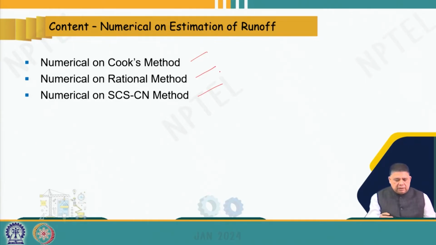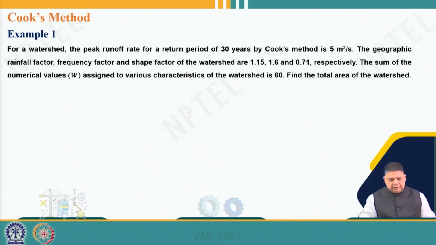But because runoff is a very important topic and questions are always asked in various competitive examinations including GATE, it will be a good idea to cover some more numerical examples on these methods.